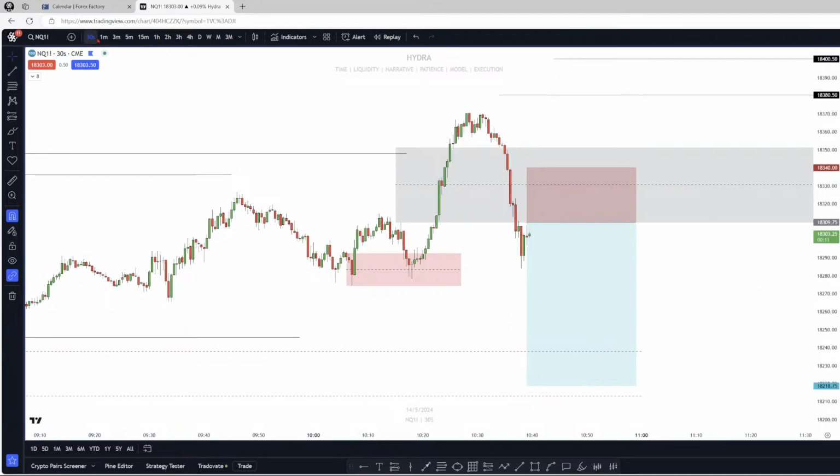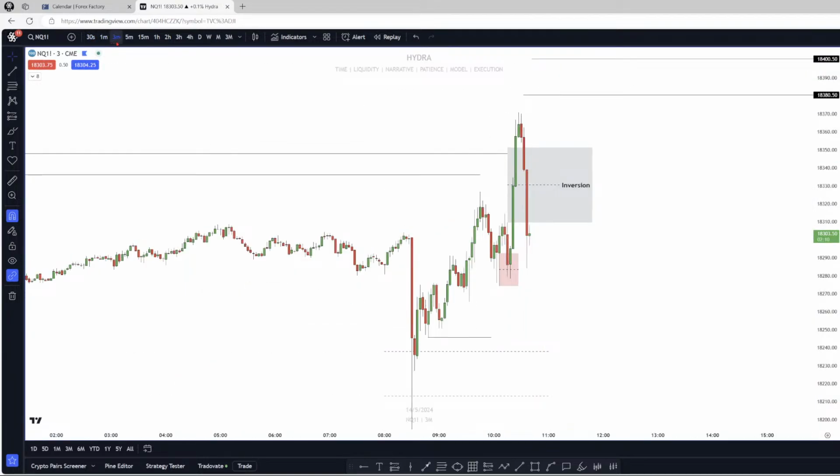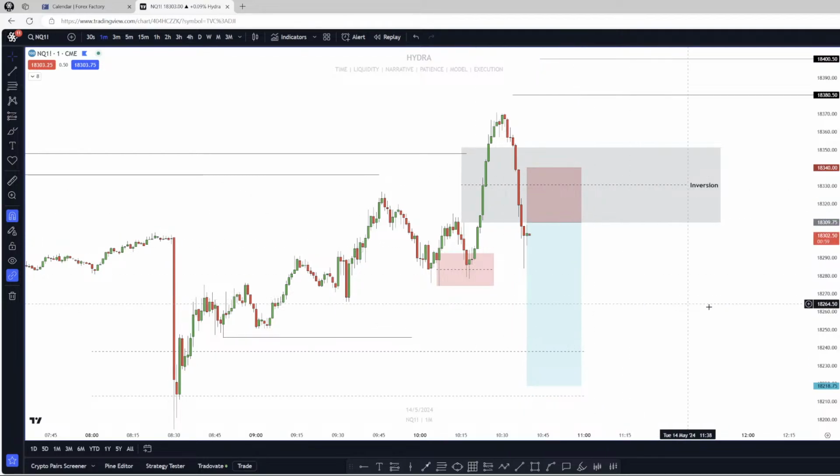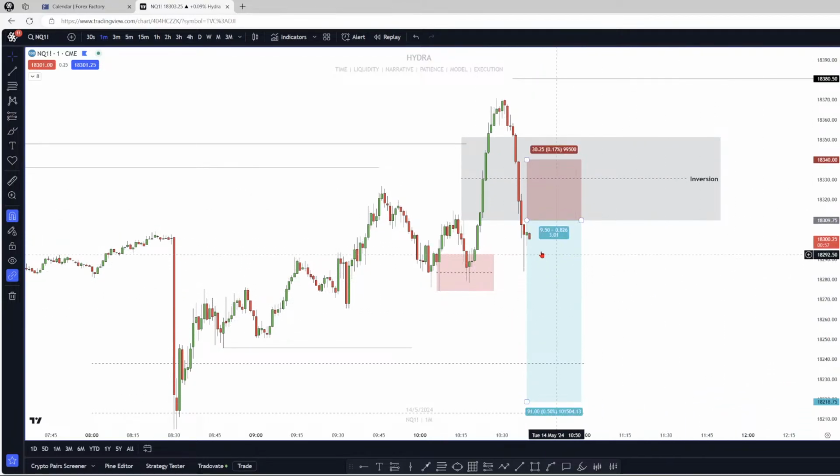Can we go for a short? No, I have enough RAM. I never had any problem with this PC like this before, so I don't think it's because of my PC. It's because of TradingView.